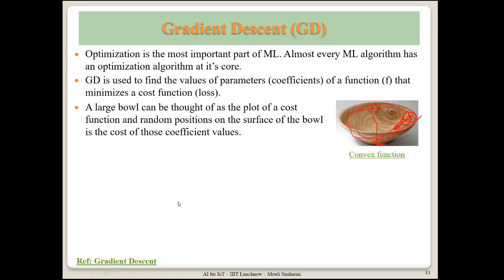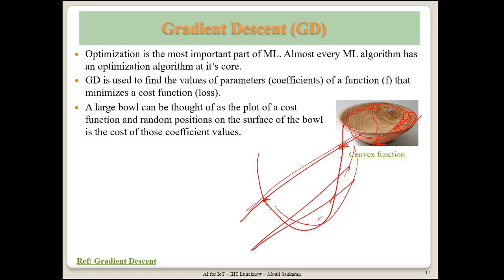Another word you might have heard about is the convex function. A convex function is something where, if you take two points and draw a line between them, all the other points of the curve between them are below the line.